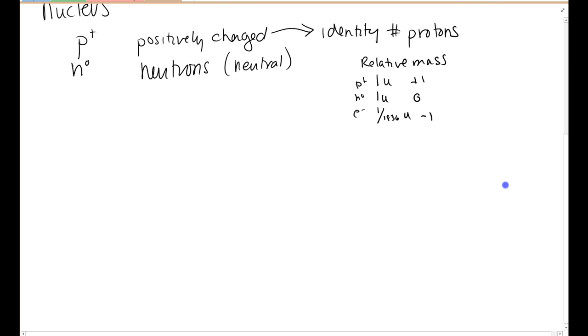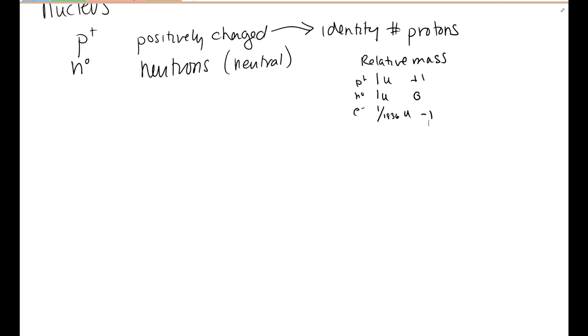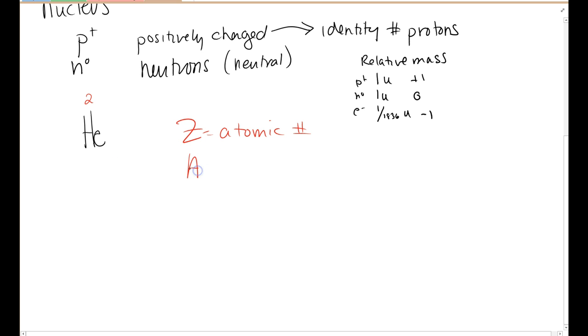As we start to talk about these atoms, we're going to look at ways of communicating. So we have what's called a notation. For example, let's look at helium. We have two numbers that we report. We have Z, which is the atomic number, usually printed above the symbol, and then you have A, that is the mass number.